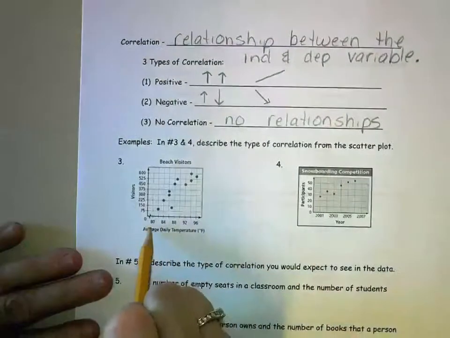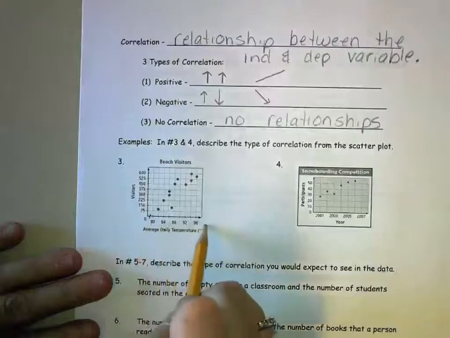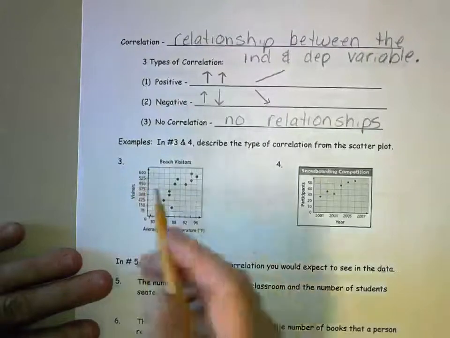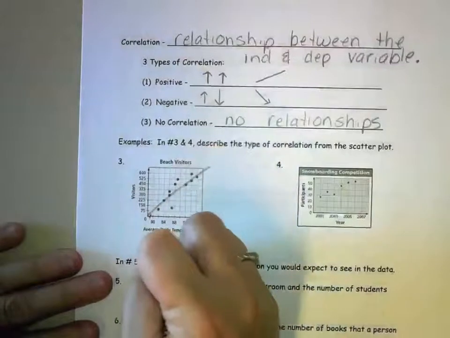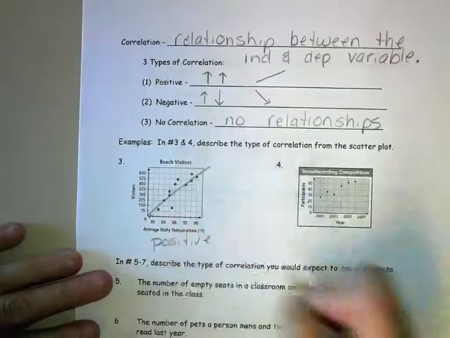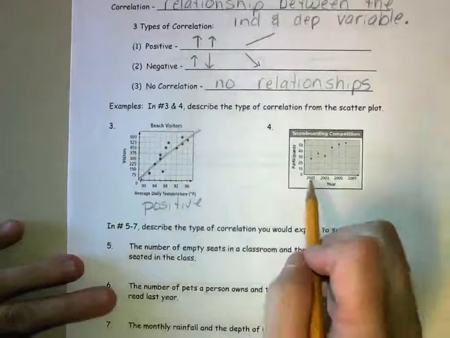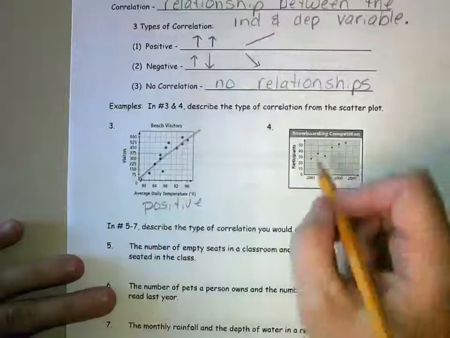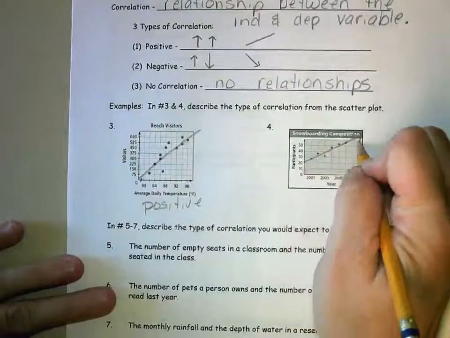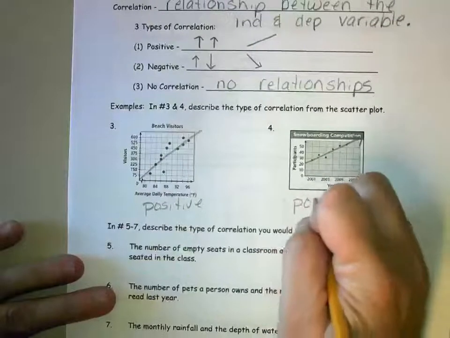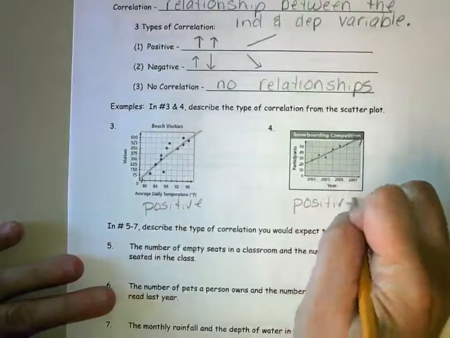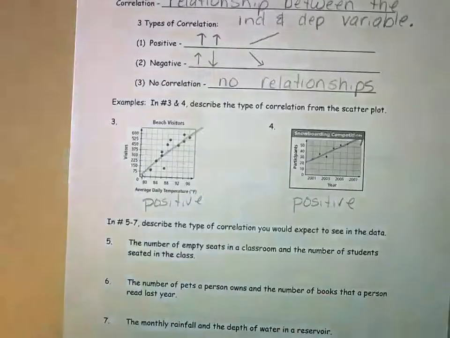So as average daily temperatures increase, the visitors to the beach increase. That would be positive correlation. And number 4, as the years increase, the number of people in the snowboard competition increase. That would be a positive correlation.